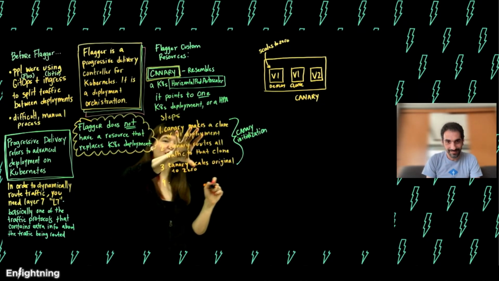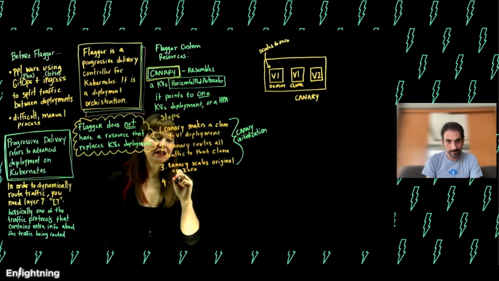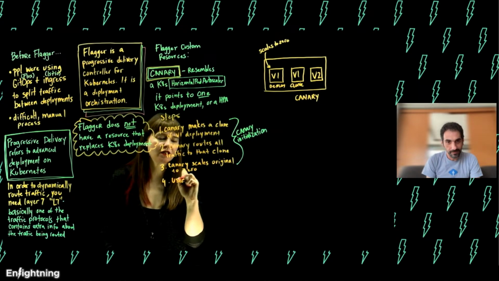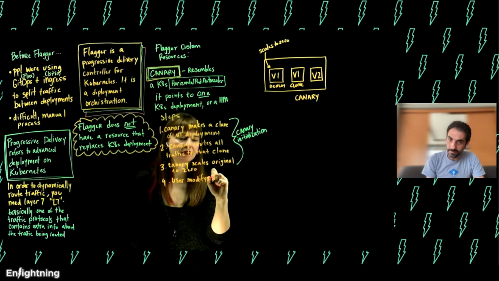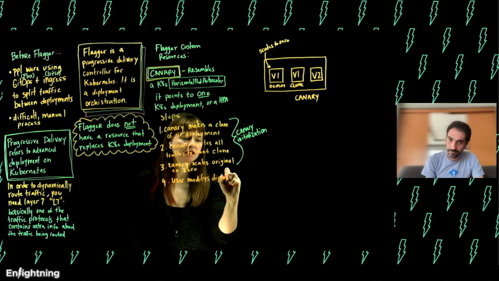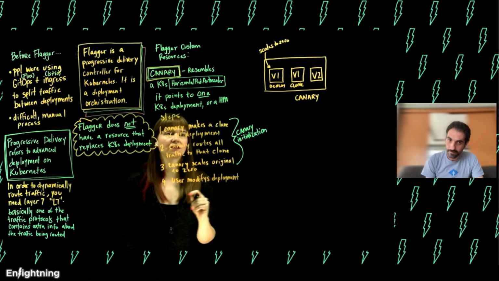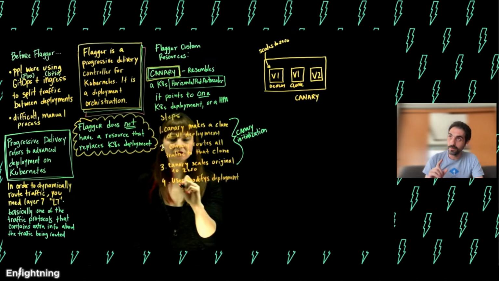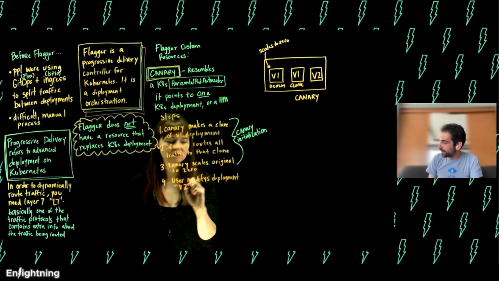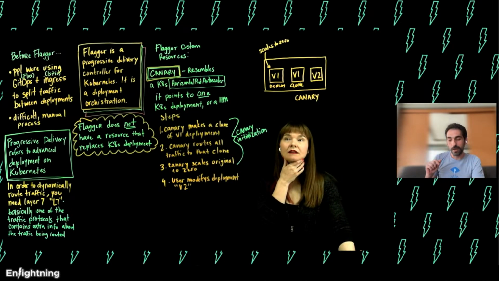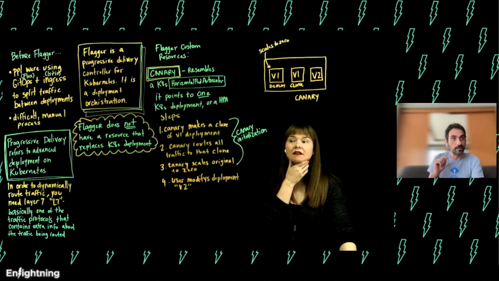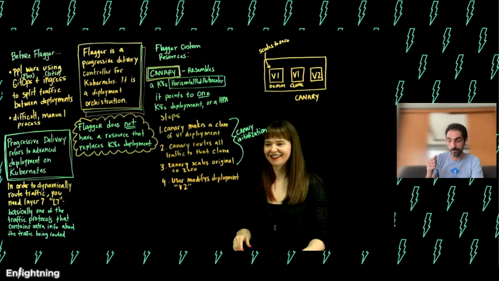So these three are the initialization steps. Now the user modifies the Kubernetes deployment. So now we have a V2. Yes, what I really want to point out here is that it's not only about modifying the deployment. It's about modifying anything that touches your application.